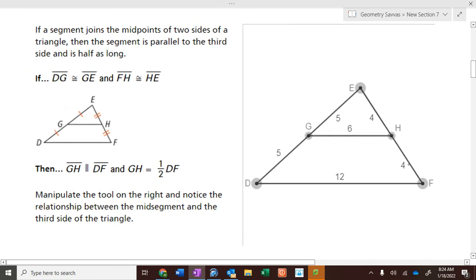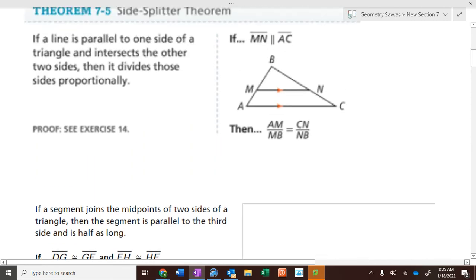So if this is 4, this is 4, if this is 5, then this has to be 5 because this is split proportionally. Now, what else happens is if this happens to be at the midpoint, where this is 4 and 4 and 5 and 5, this side is going to be half of this side. Now, that's only when it hits at the midpoints.